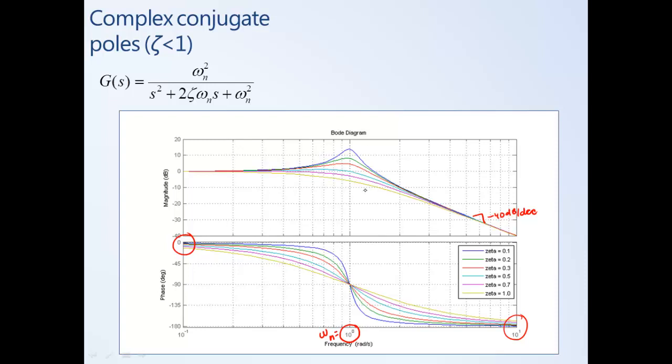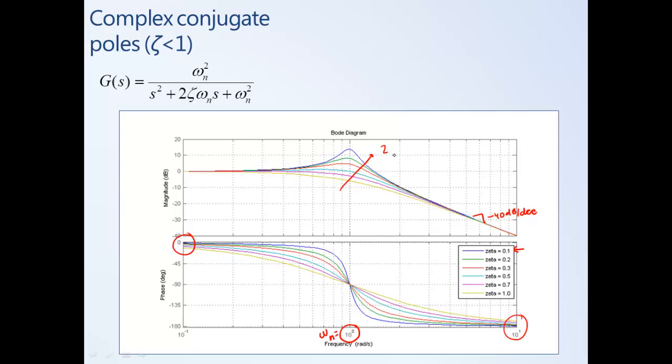In between, the behavior is a little different between the underdamped and the overdamped. In particular, when zeta is small, when we don't have a lot of damping, we get this resonant peak here, where we get some amplification in the neighborhood of the natural frequency.